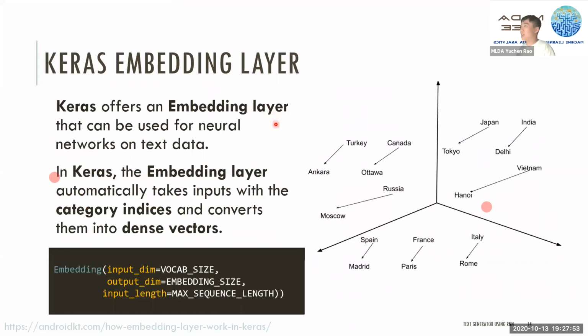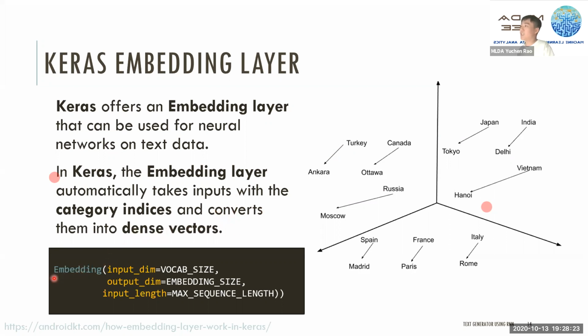It may sound a bit complex, but Keras gives us a very convenient way to implement word embedding. Keras offers an embedding layer that can be used for neural networks on text data. It automatically takes inputs as category indices, which just means something like 1, 2, 3, as shown previously, and converts them into dense vectors.